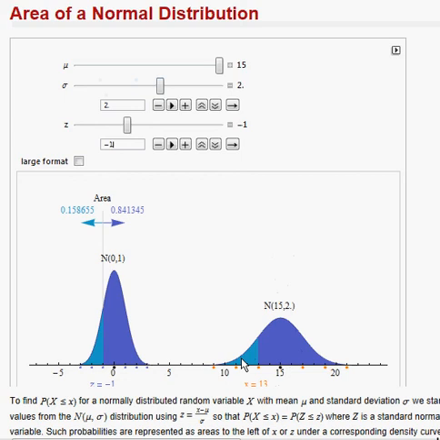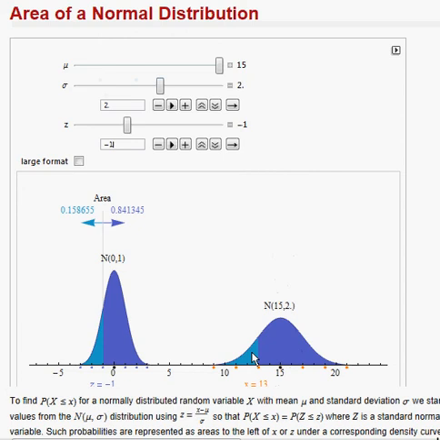What this means is that the area under the curve to the left of x equals 13 is exactly the same as the area under the standard normal curve to the left of z equals -1. Again, using the transformation, x equals 13, so z equals 13 minus the mu 15, divided by 2, which is -1. So the area under the curve to the left of x equals 13 is 15.8%.